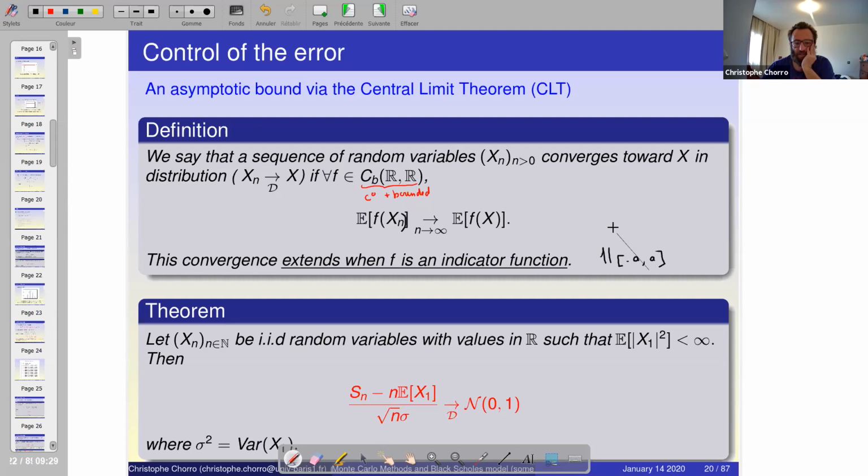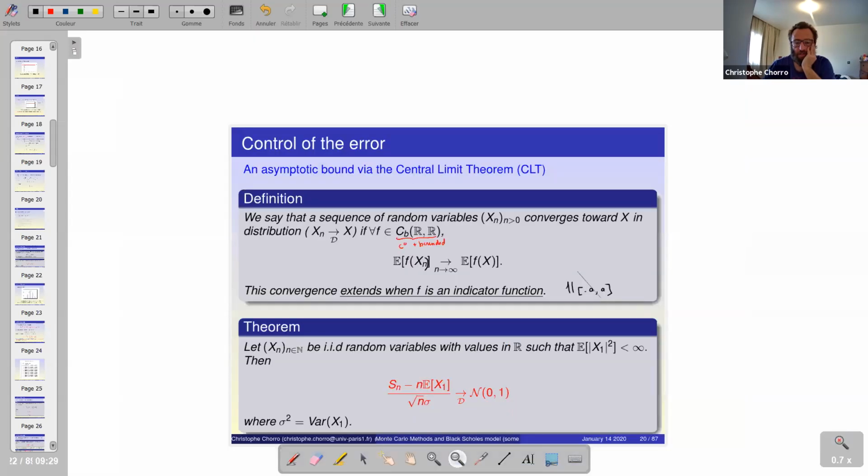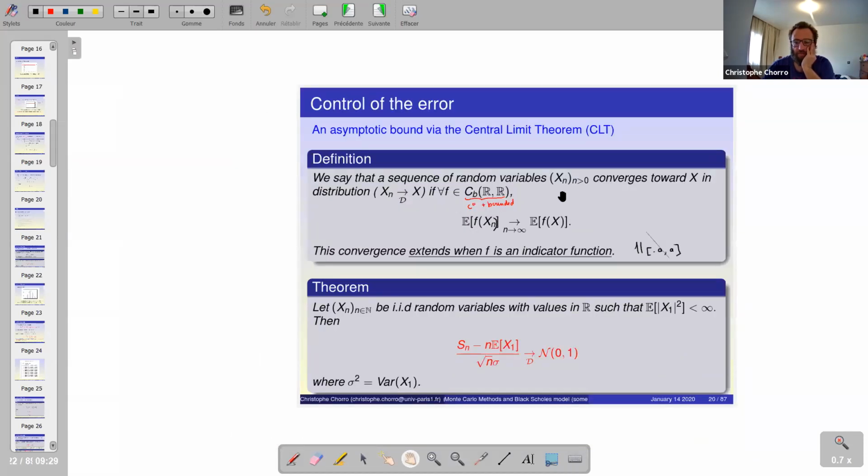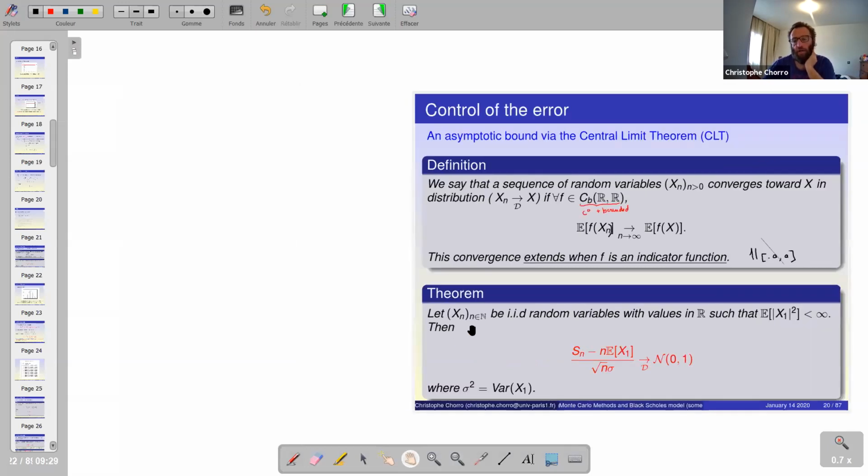So what is the central limit theorem? Let's write it this way. When I have a sequence of IID random variables, I suppose them to be real, but I can extend this result to the case where I have a sequence of random vectors.